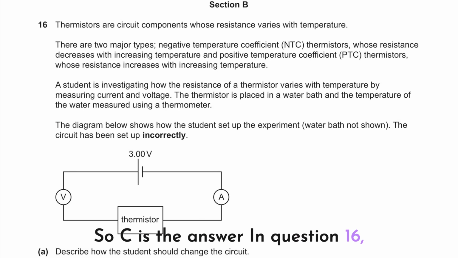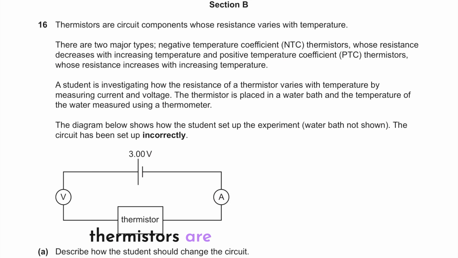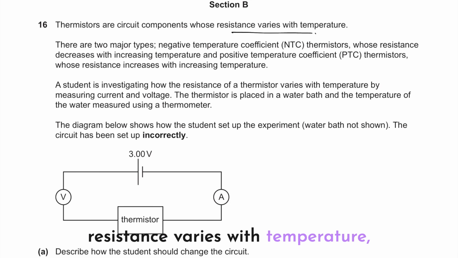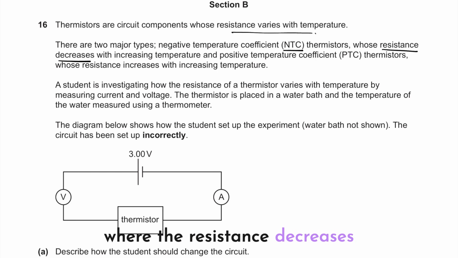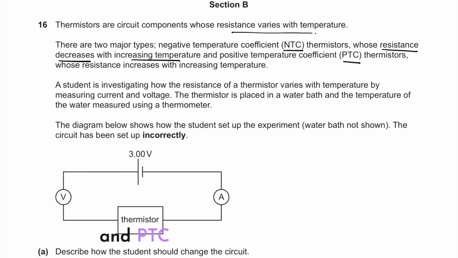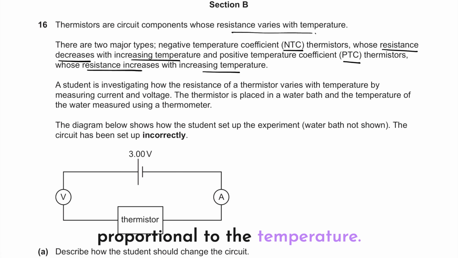In question 16, thermistors are components whose resistance varies with temperature. And there are 2 types, NTC, where the resistance decreases with increasing temperature, and PTC, where the resistance is proportional to the temperature.